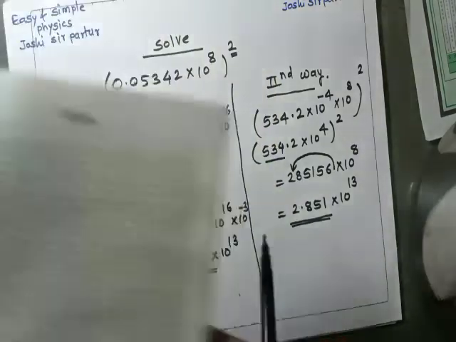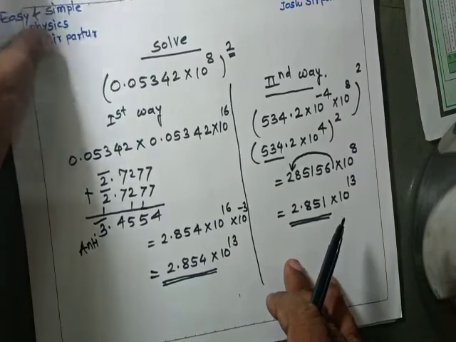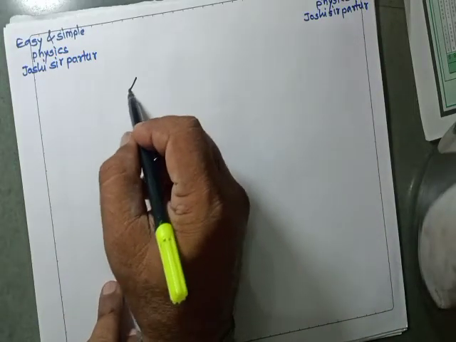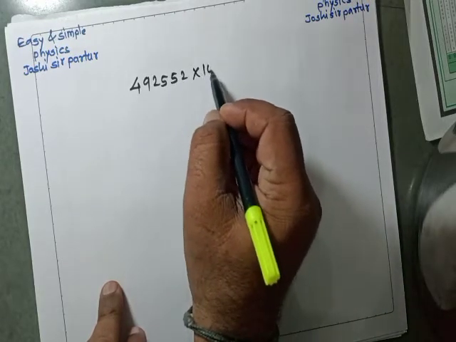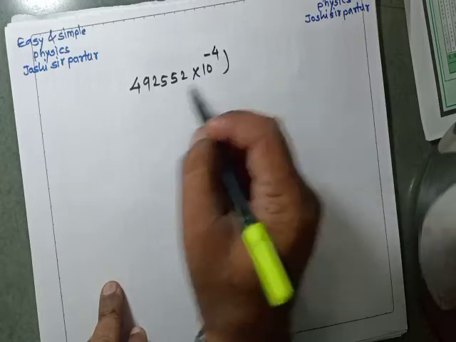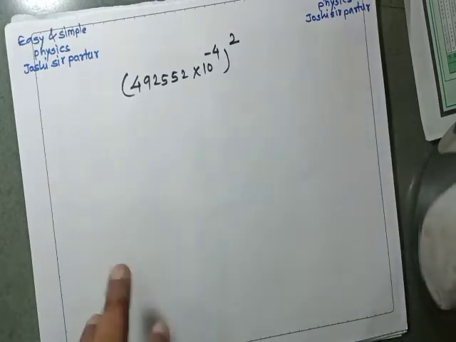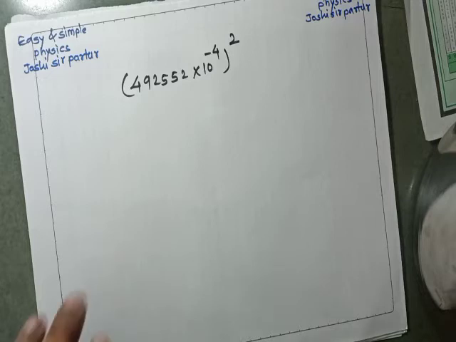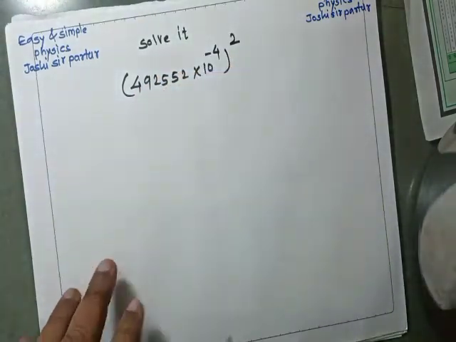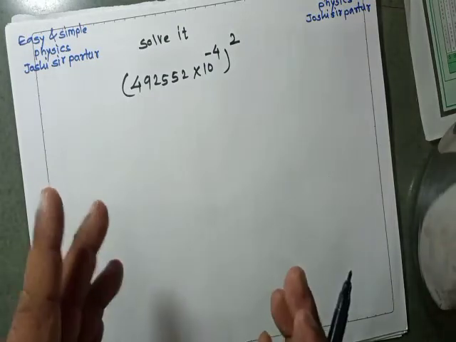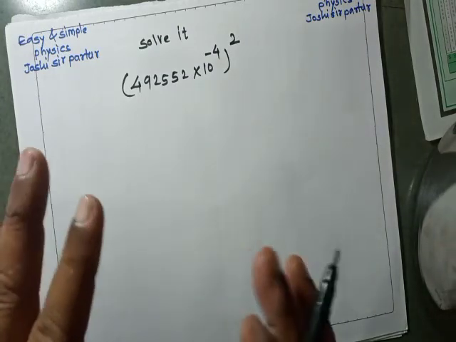Okay, another example. Suppose the second example is given, and this second example will be 492552 into 10 to the power minus 4 bracket square. Example, solve it. Then we can also solve it by shifting the decimal.